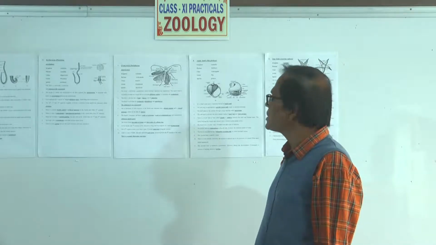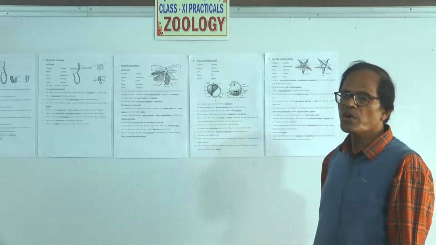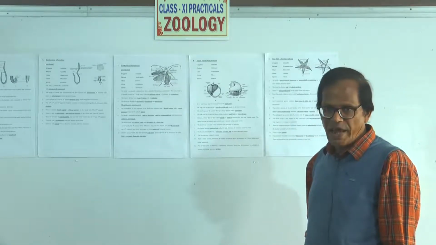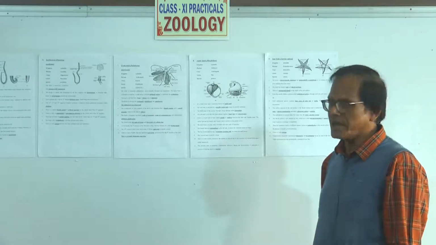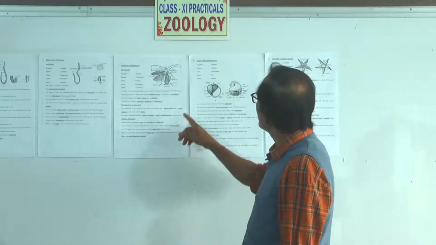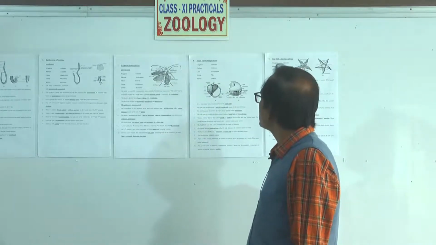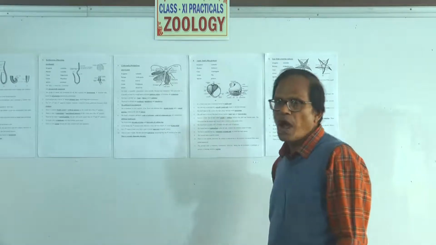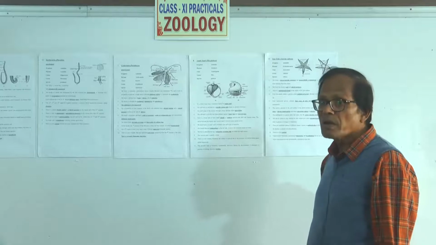Mollusca includes soft-bodied animals which are enclosed within shells. Soft-bodied animals enclosed within shells. The class is Gastropoda. Genus is Pila. Species is globosa. Pila globosa. It's commonly known as apple snail.